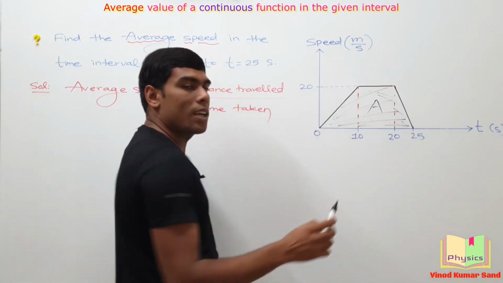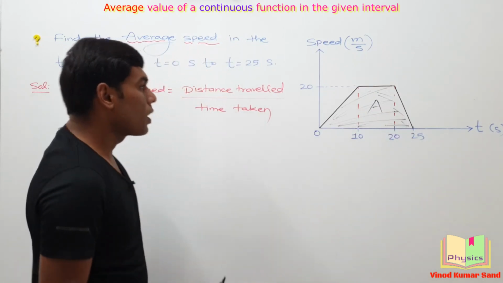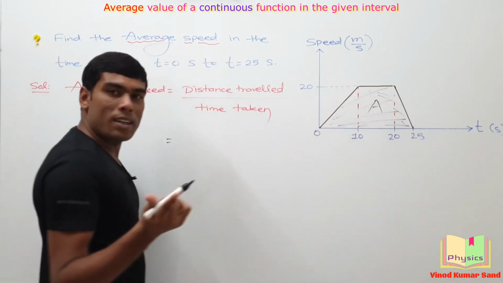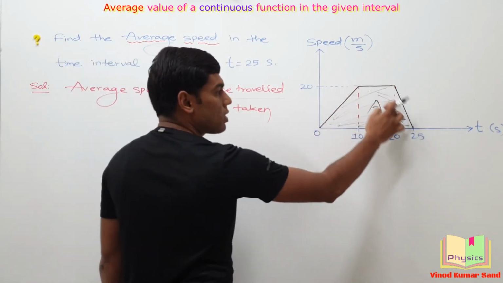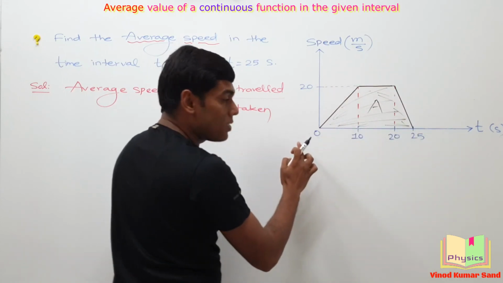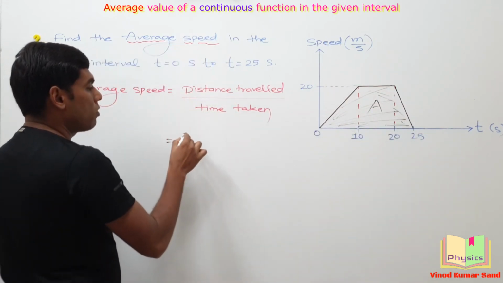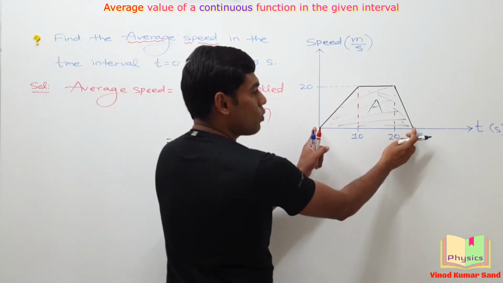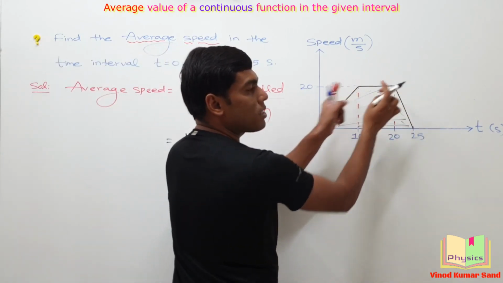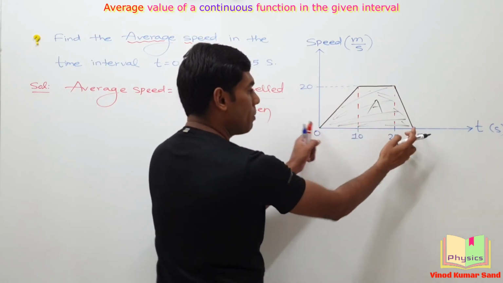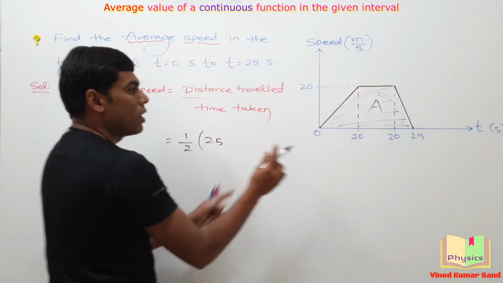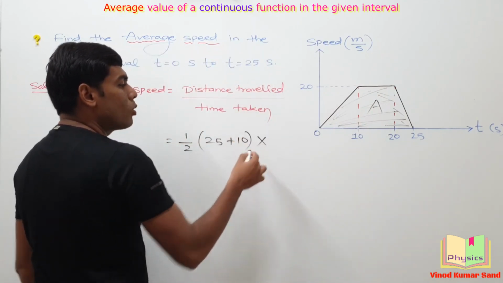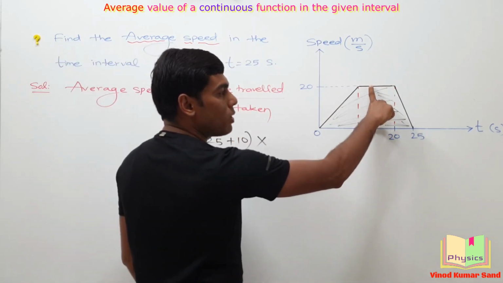You will read this thing in the chapter kinematics also. So how to find this much area? One way is the integration and the other way is simple. You can find the area of trapezium. I'm using the formula of area of trapezium, half sum of parallel sides. This is one side of the trapezium and this is the other side of the trapezium. I am summing them up. So this is 25 and this side is 10. 25 plus 10 into perpendicular distance between these two sides.